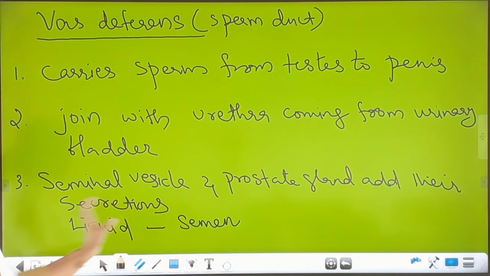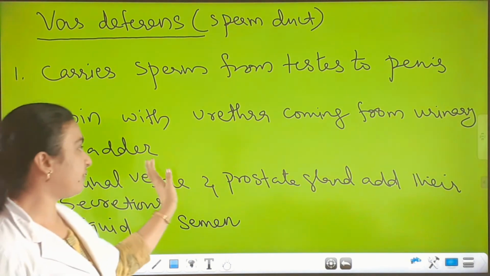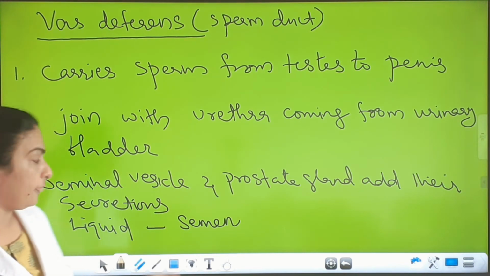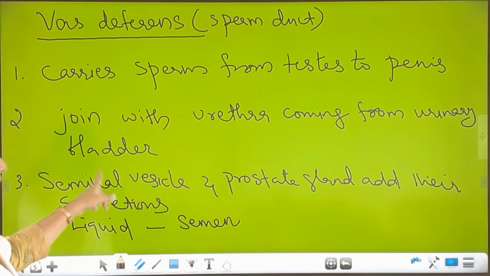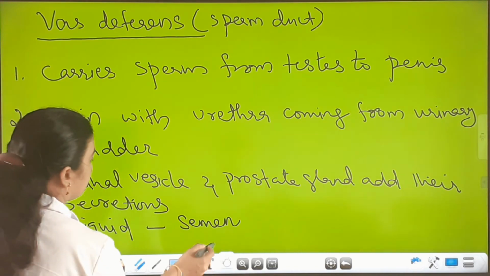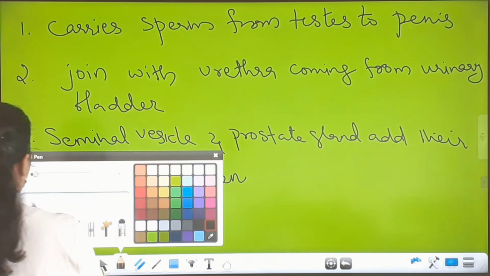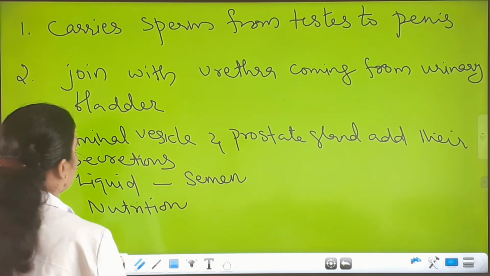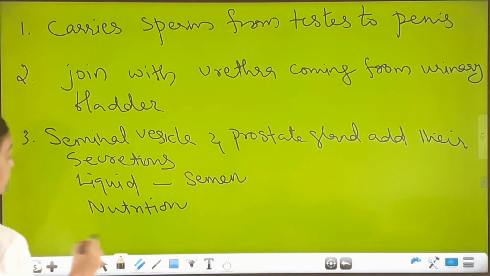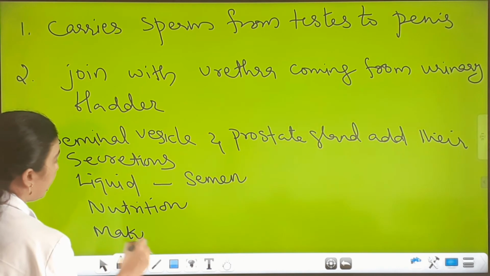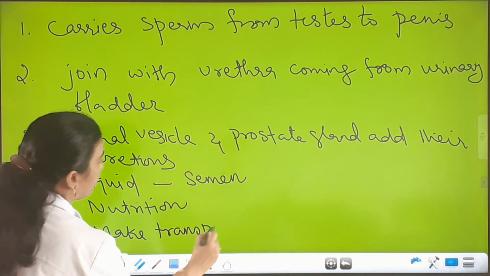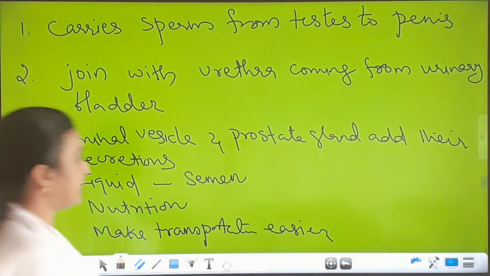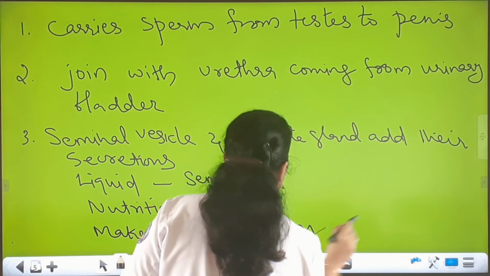Semen is a thick liquid due to the secretion of these two glands, and the semen consists of sperm cells. Moreover, these secretions provide nutrition to the sperm and make the transportation of sperm or semen easier. You can write easy.